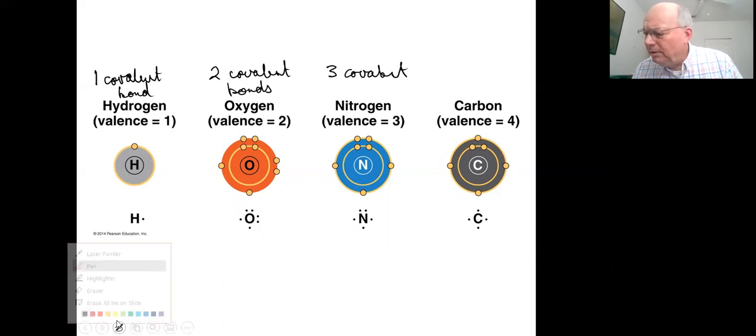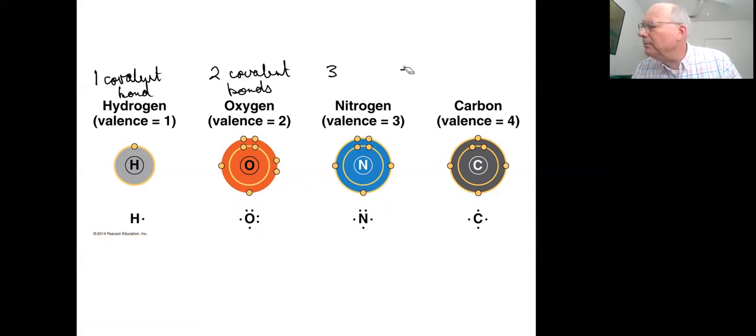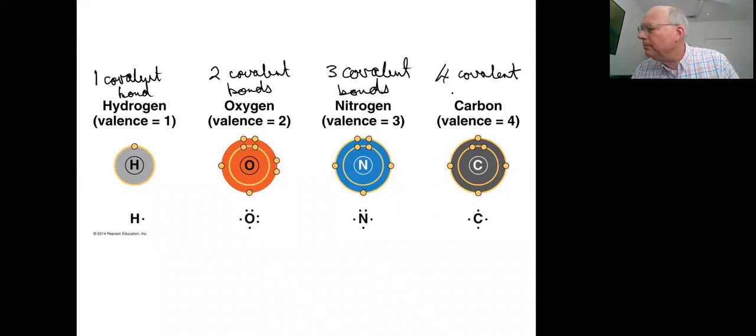And of course, carbon, 4 covalent bonds. So the valence in the case of these atoms tells us how many covalent bonds they can form.